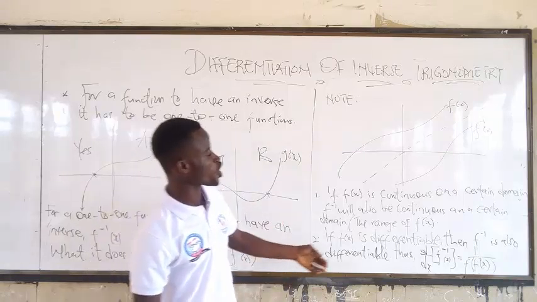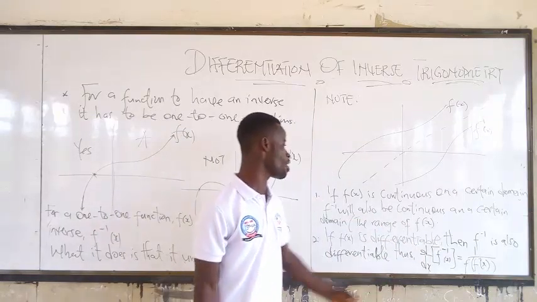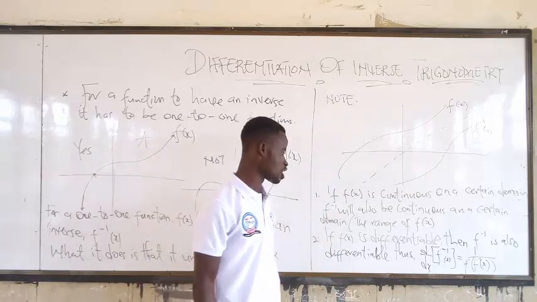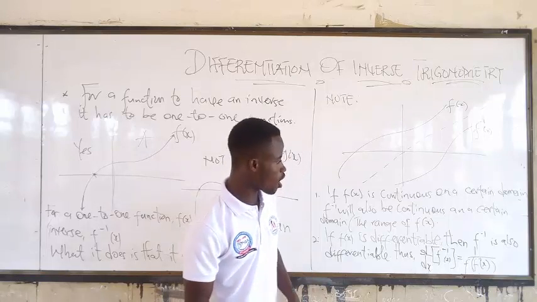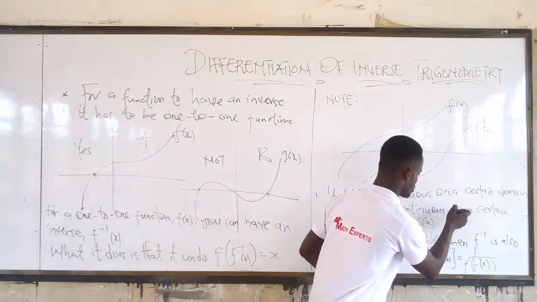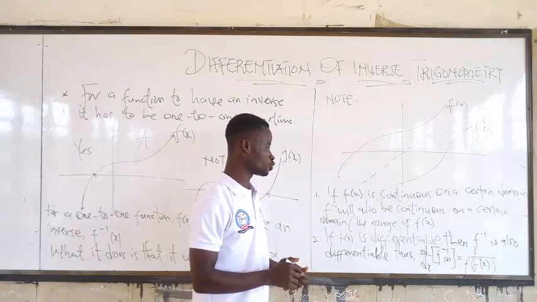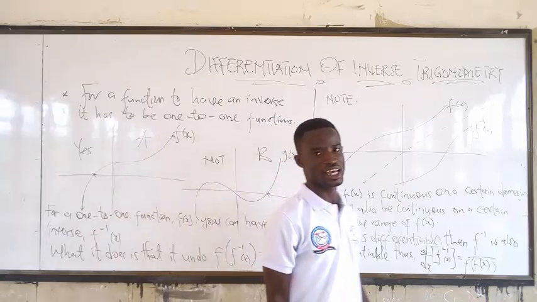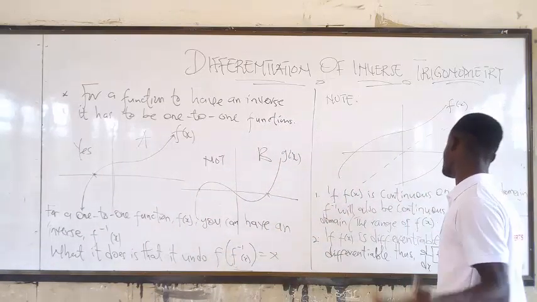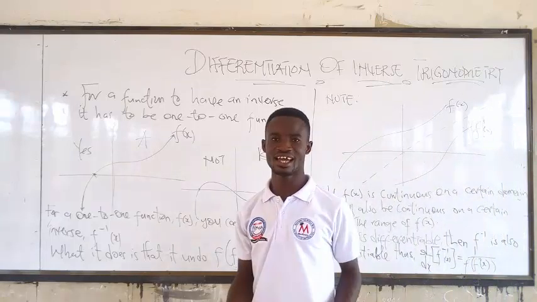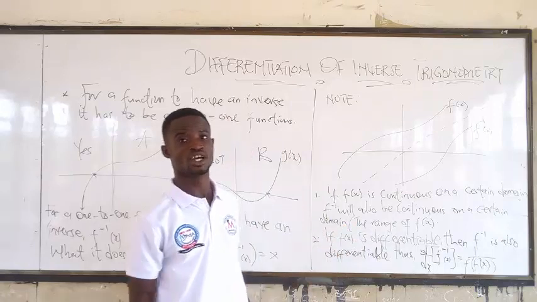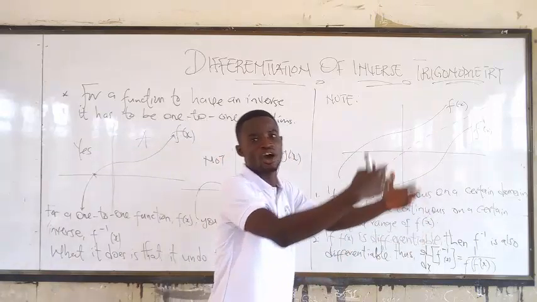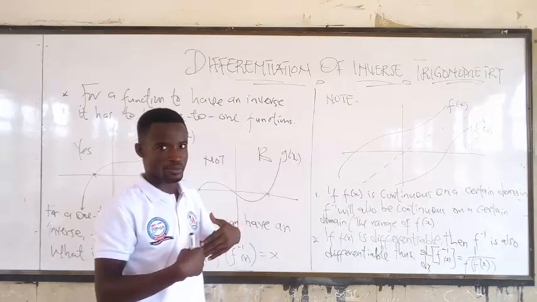If a function is continuous on a certain domain, f inverse will also be continuous on a certain domain. What we are saying is that if f of x is continuous on a certain domain, then f inverse will be continuous because it is a reciprocal of it. So if you can, then I also can. I hope you are getting me.